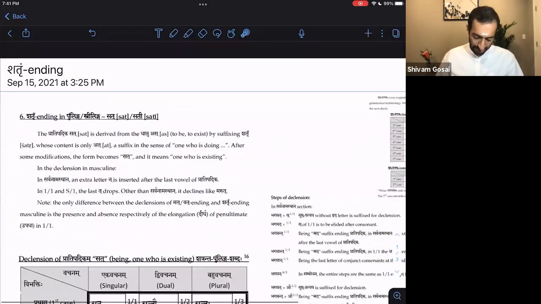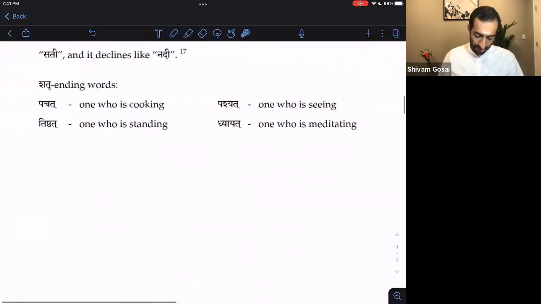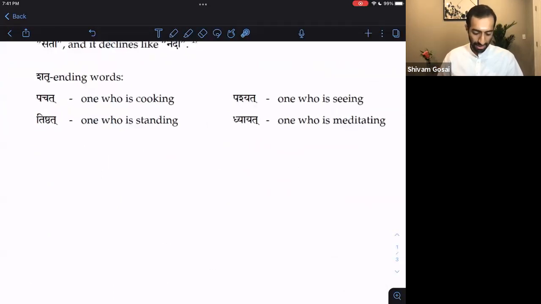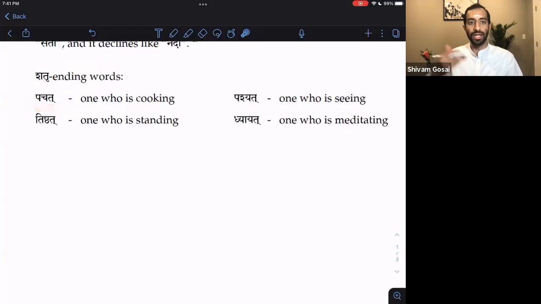So for example, we'll see some other words, right? Like this word pachat. Now this is pach dhatu, right? Pach dhatu means to cook. But when I add shatru, it becomes a noun, one who is cooking. Pashyat, this is drish dhatu, right? Pashya. I really have pashyati.